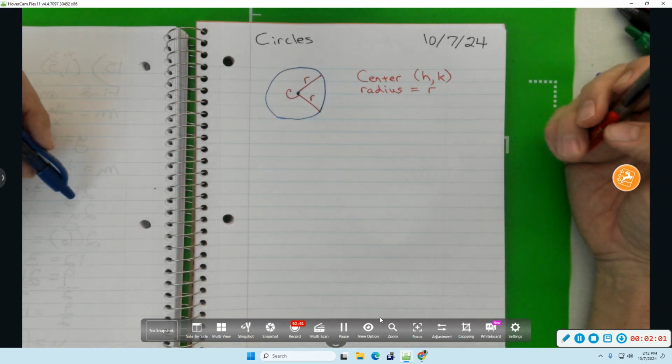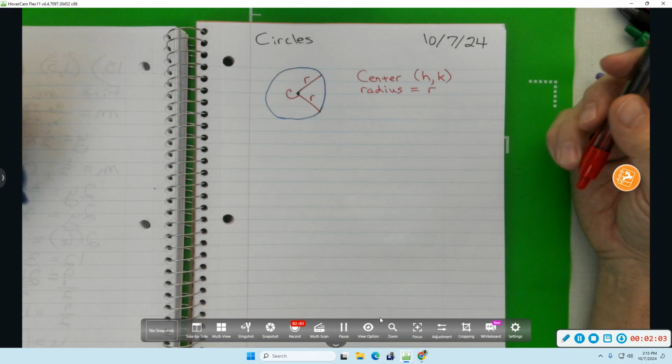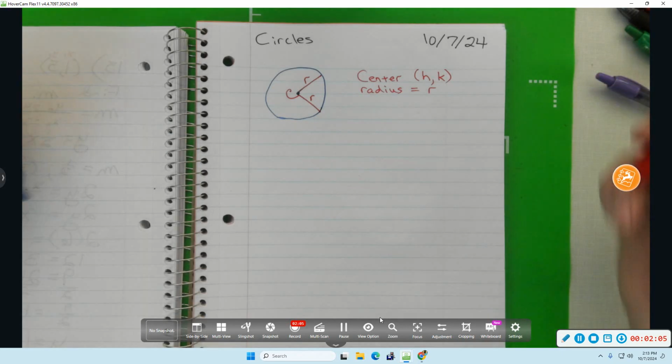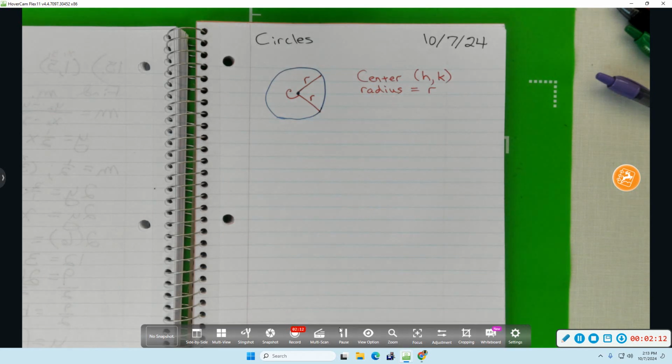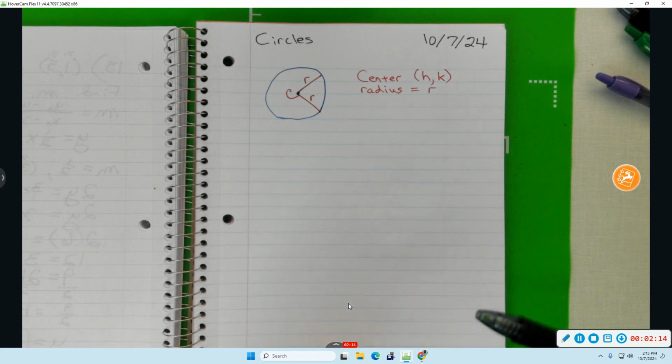But since this is an algebra class, as I said, we're taking an algebraic approach to circles, which means we better have an equation thrown in here. We have something called the center-radius form of a circle.